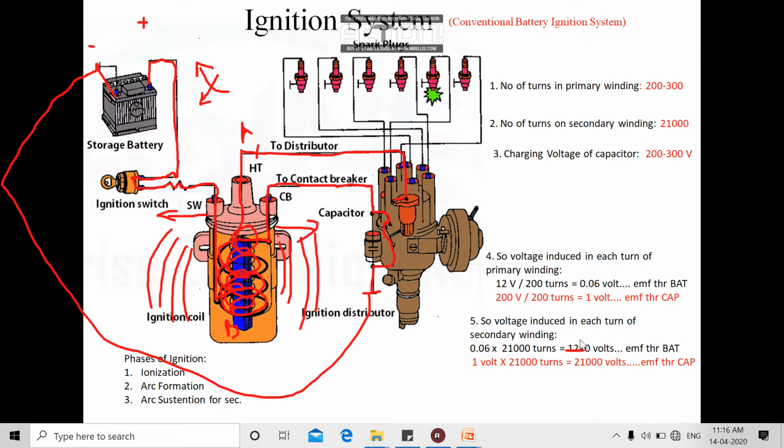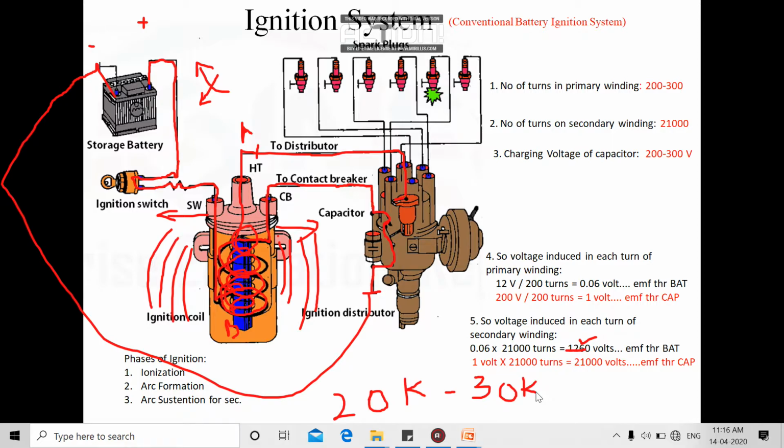This is the voltage, but as I told you, a very high voltage is required inside the combustion chamber to have a spark at that much high pressure. So this 1260 is not sufficient to develop the spark. We require at least 20k to 30k volts in order to develop a spark inside the combustion chamber at that high pressure.